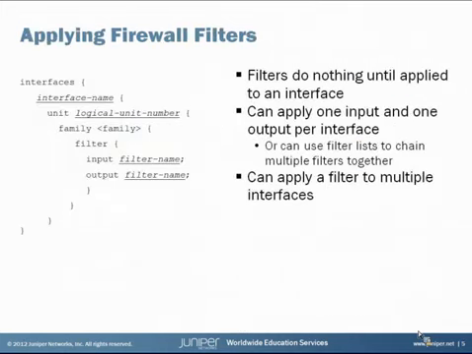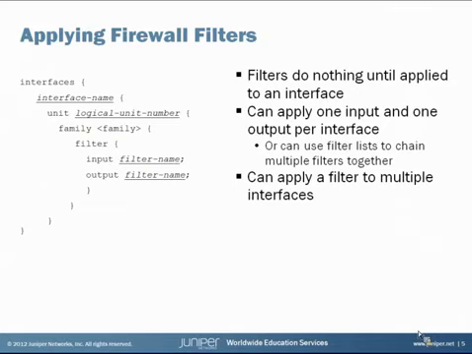Now, another important step for firewall configuration is to apply the firewall filter that you've created. A filter does nothing on its own until you apply it to an interface. Now, you apply a firewall filter under the logical settings for an interface. You can see the filter input and output options there in the command syntax.